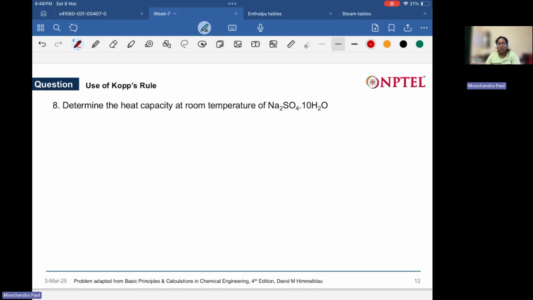So here you have to determine the heat capacity at room temperature for Na2SO4 10H2O. And for this you have to use Kopp's rule.